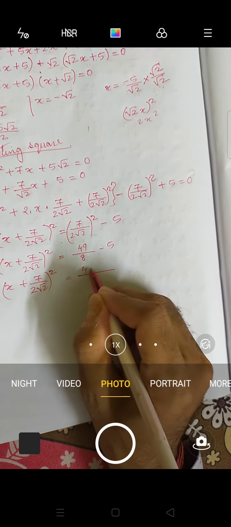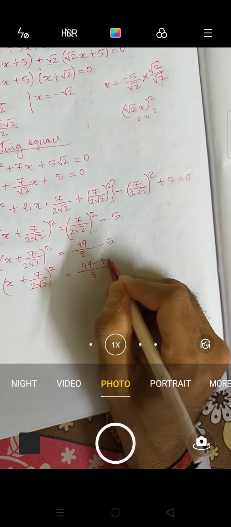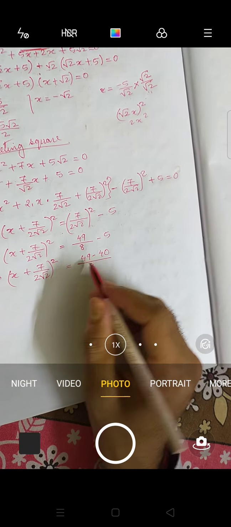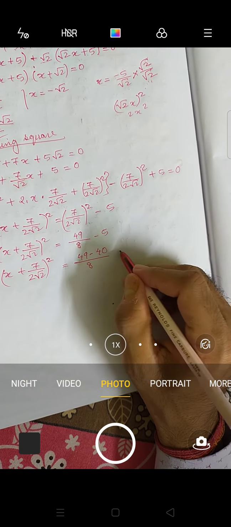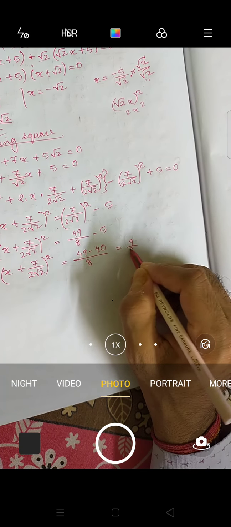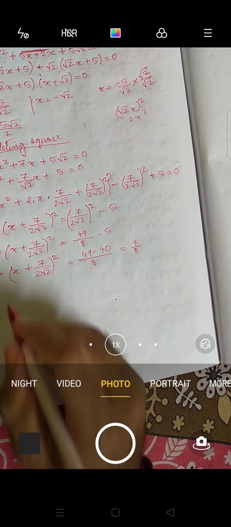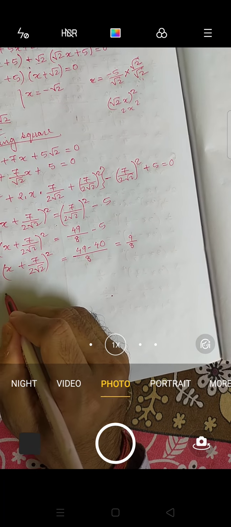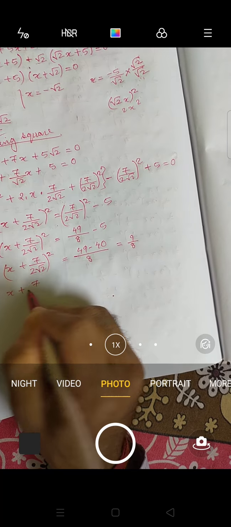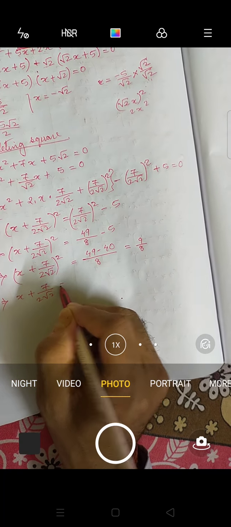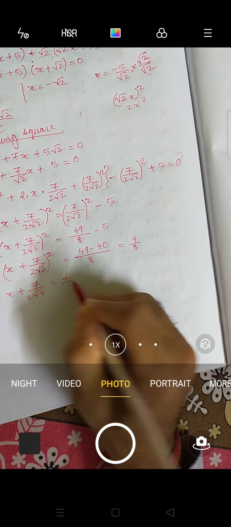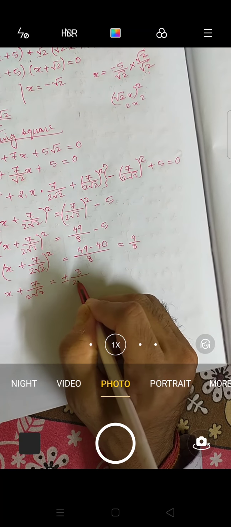So this will be 49 minus 40. Okay, so here you will be having 9 by 8. So when you take the square root, x plus 7 by 2 root 2 equals to, you will be having plus minus 3 by 2 root 2.